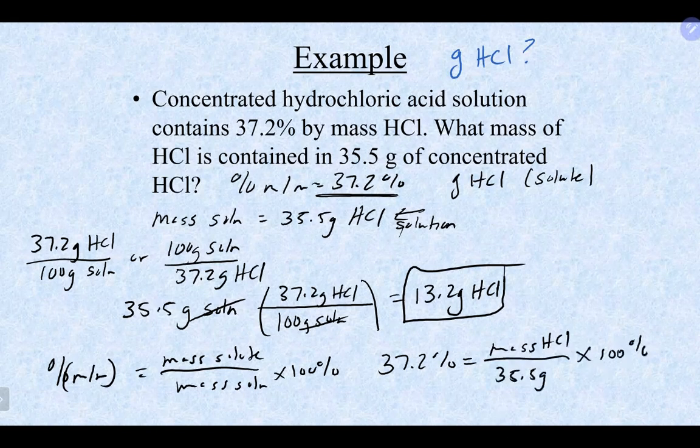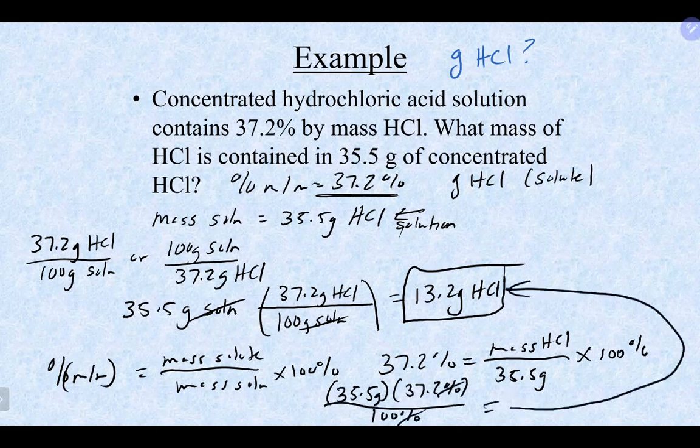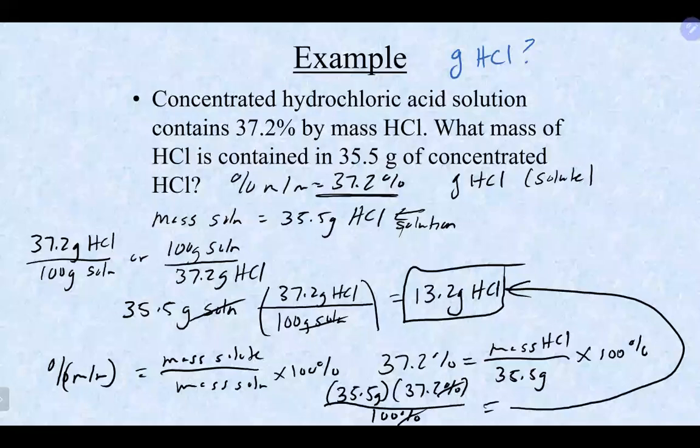You would multiply by 35.5 to the other side and also divide by 100%. The percentage will cancel and you'll end up at the same place. They're both really the same math, just one is more of a dimensional analysis approach and one is plugging into the equation. Any questions on any of that?